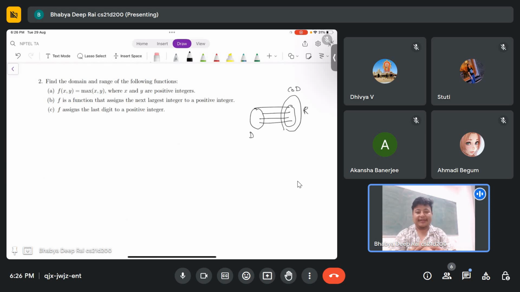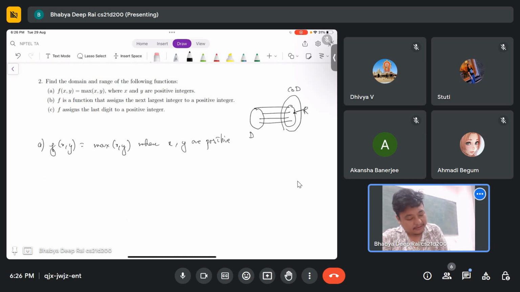Remember this diagram. This is the range.